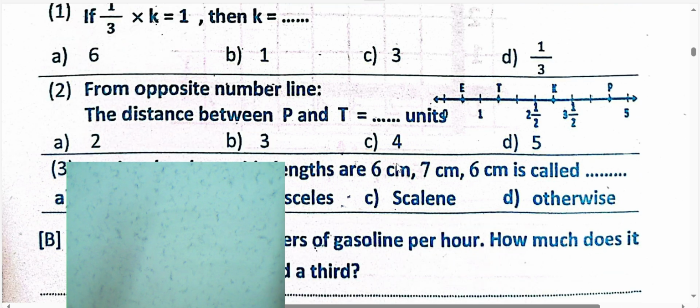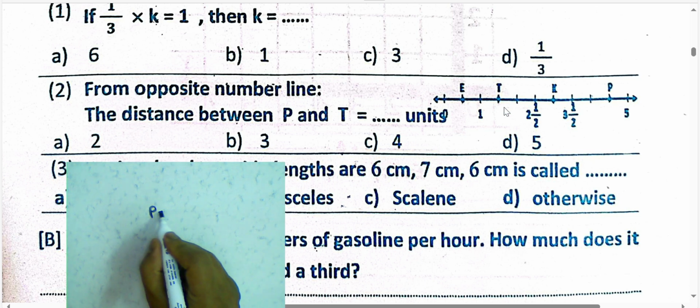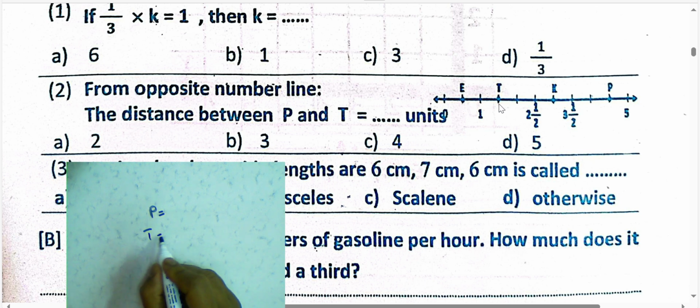Next question, number 2. From the opposite number line, the distance between B and T. Look here, B is this point, and T. Count with me, 1. And here, part, and second part, 1/2. 1/2 here is T, and 1/2.